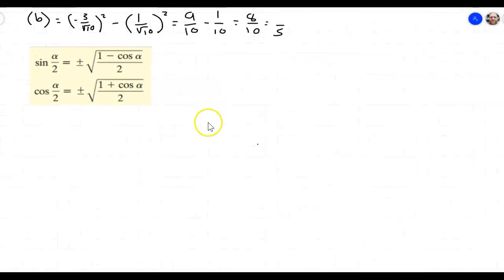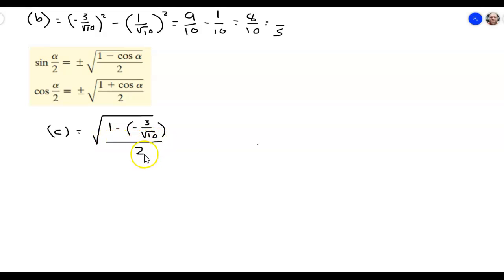All right, so for the first one here, it's mostly going to be simplifying. This is part C. We're going to have the square root of 1 minus the cosine, which was negative 3 over root 10, all over 2.